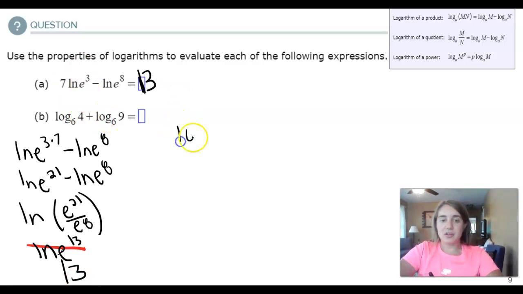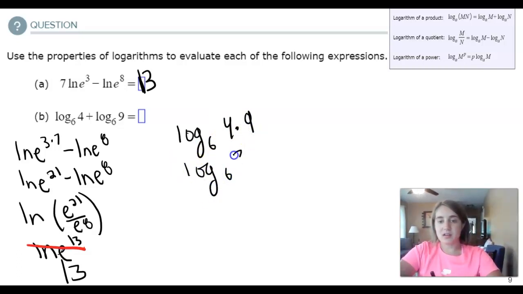Here I would see that that's multiplying, so it's 4 times 9. Log base 6 of 36. I can think of this two different ways. I know 36 is 6 squared, so I'd just be left with a 2.